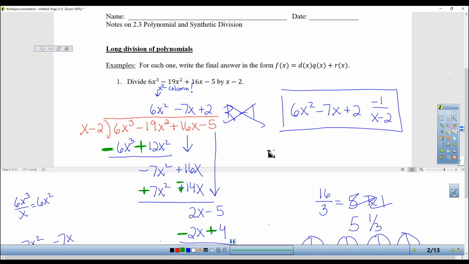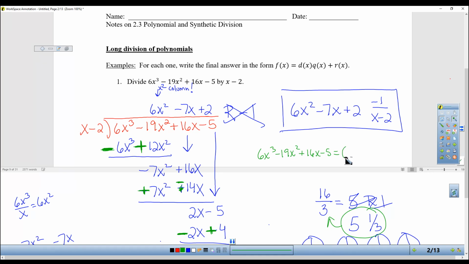They want you to say that 6x cubed minus 19x squared plus 16x minus 5 is... Now, do you remember that when you changed 5 and 1/3 back to 16 thirds, you did 3 times 5 plus 1? That should be a little thing you remember from elementary school. So 5 times 3 plus 1, that's what they're asking you to do.